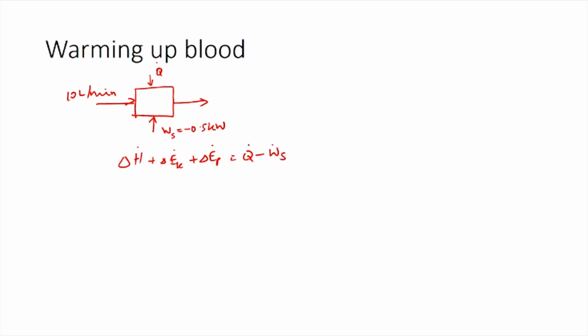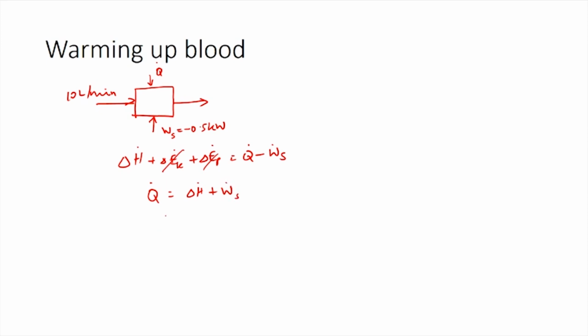In this equation we can ignore kinetic and potential energies because there is no change in height given to us, and there is also no change in the velocity of the blood which is flowing. Because of this, the equation simplifies to Q dot equals delta H dot plus Ws dot.